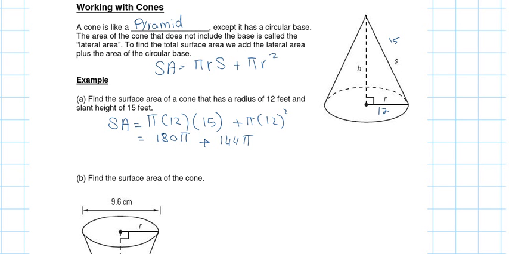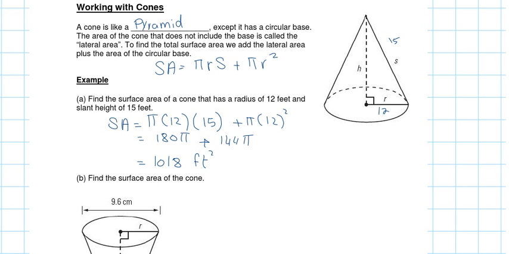And that's going to give me 1018 square feet. Okay? So 180 times pi plus 144 times pi gives you an answer of 1017.87. But if we're going to do it to the nearest square foot, we just round it up to 1018.